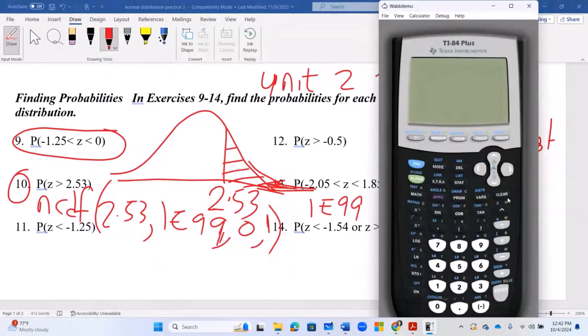Now I have my calculator here, and I want to find normal cumulative density function. We usually know it is second vars, and then we're looking for cumulative. So number 2 area is cumulative. And then I'm starting from the lower bound, the smaller number, and the smaller number is 2.53.